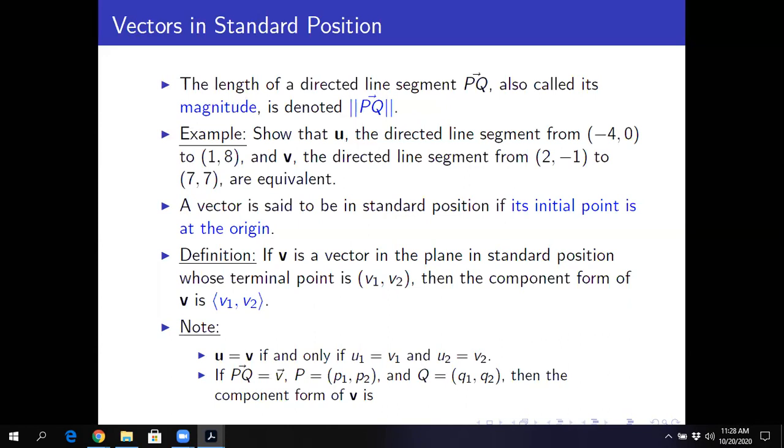Yeah, that's how much x displacement has occurred. That's how much difference there is in my movement in the x direction. What about in the y direction? Q2 minus P2. Okay, so the component form of V is going to be <Q1 minus P1, Q2 minus P2>. And you put those angled brackets to remind ourselves that we're talking about vectors here. Yeah? Okay.